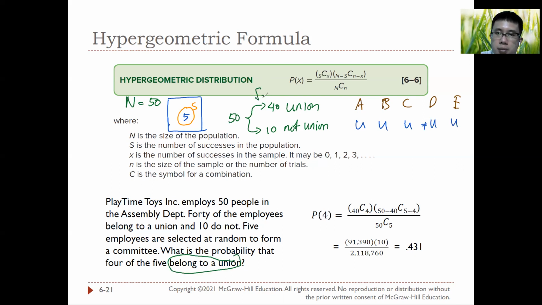This is capital S, and then 5 is the size of the sample. The number of successes in the sample, or in the 5 people, is 4, because we need to find 4 here. So little x is 4.